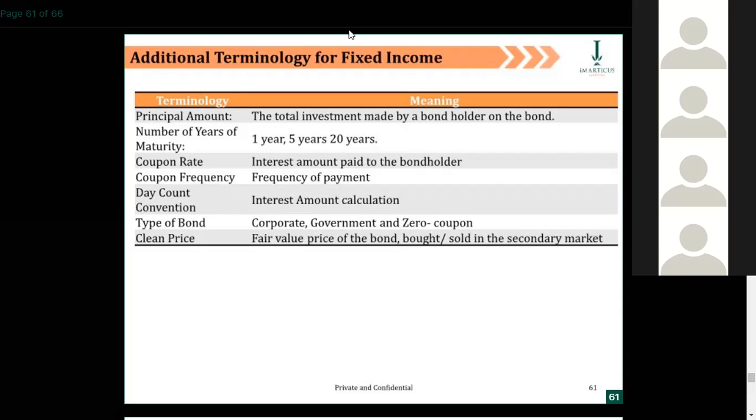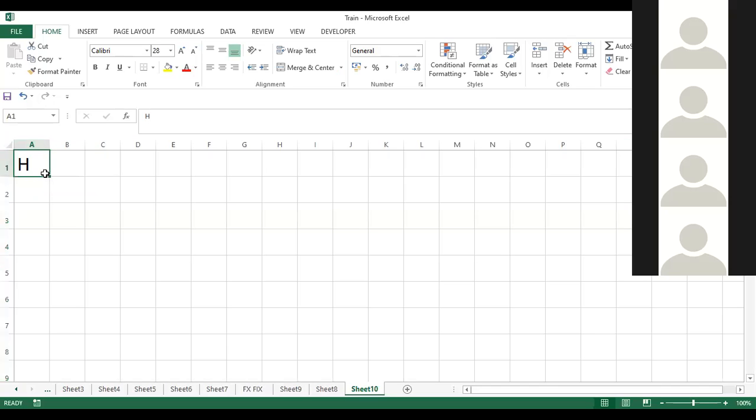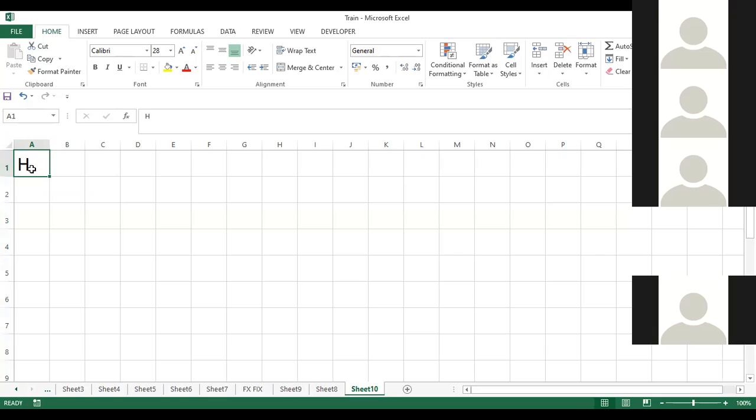One second, let me share my screen. Just let me know if you can see. Can you see the Excel file? Yes, sir. Okay, cool. So we're talking about haircut.